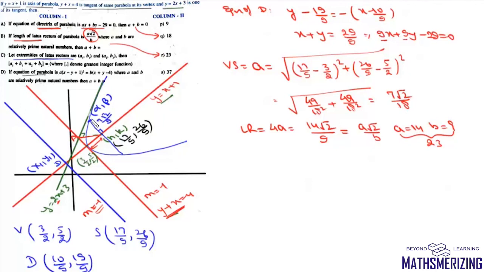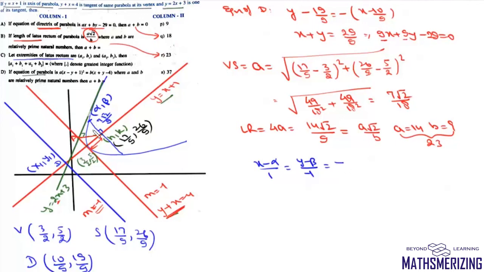So we'll find the foot of perpendicular from this point (alpha, beta) on this line, which actually is the focus. So we can write this as (x minus alpha) upon 1 equals (y minus beta) upon minus 1, and then this distance.